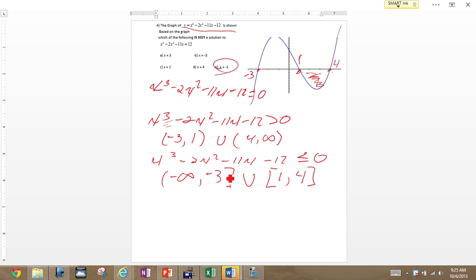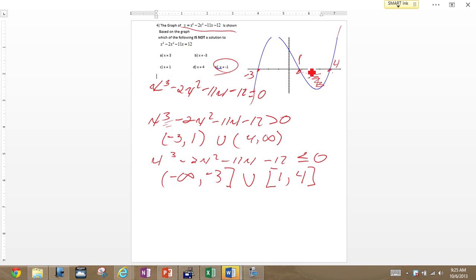So one thing, the graph can answer equations because the solutions to the equations are synonymous with the x-intercepts of the graph. The graph can answer inequalities because if we're looking for when the expression is greater than 0, we're simply looking at when it lies above the x-axis.